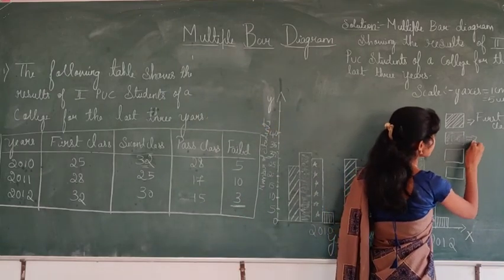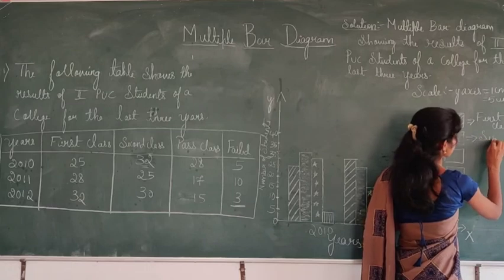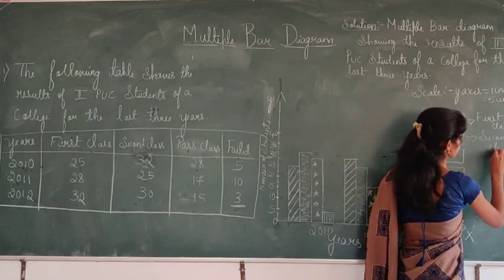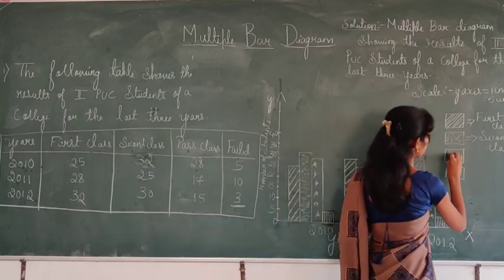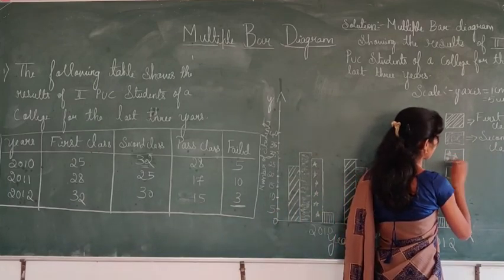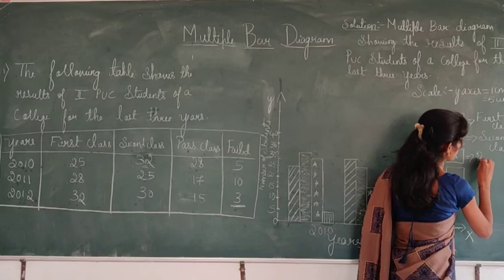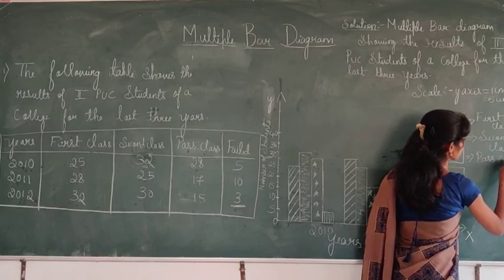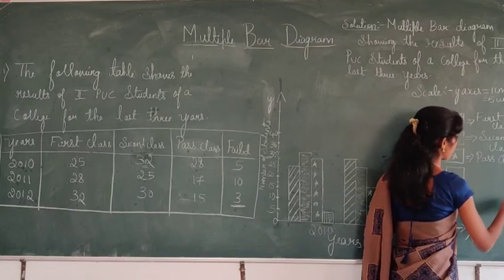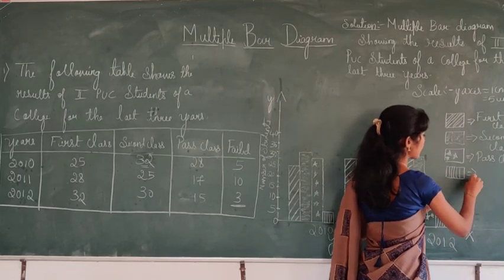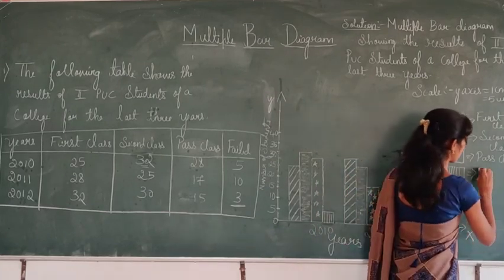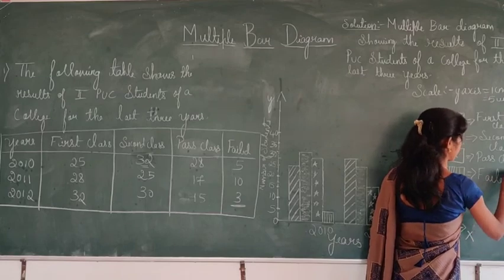This represents second class results of students. The third one is the star mark you have given, so this represents pass class. And the last one is vertical lines. So this index represents the students who have failed.